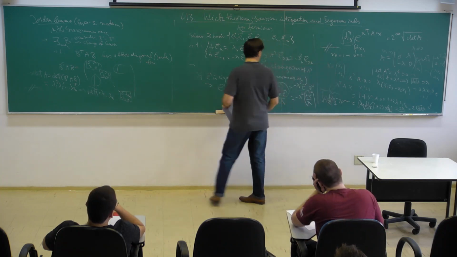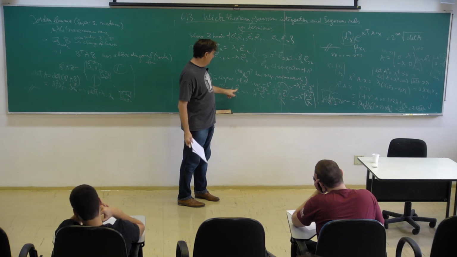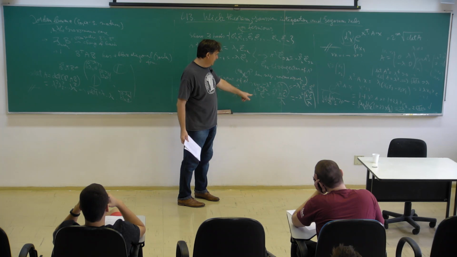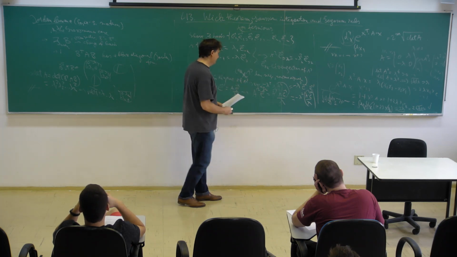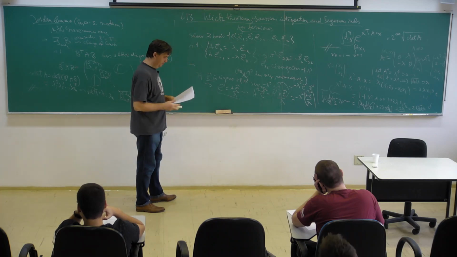So you see, if indeed E is an eigenvector of A squared with eigenvalue minus lambda squared, then so is E prime. Right? So for every E there's an E prime.